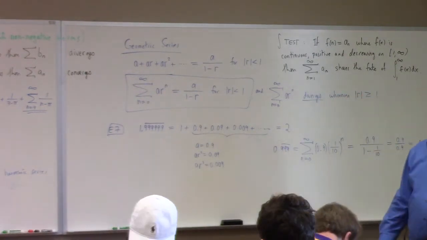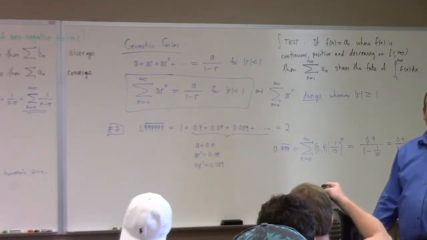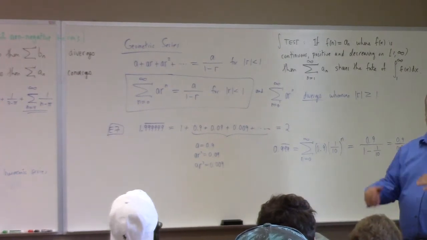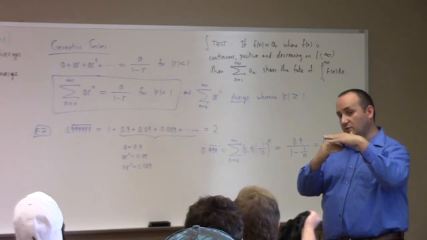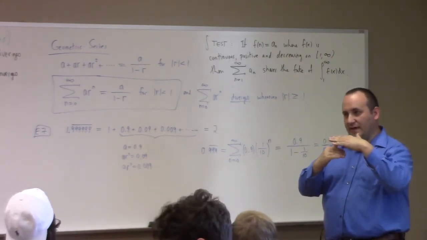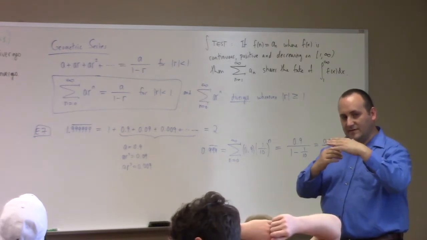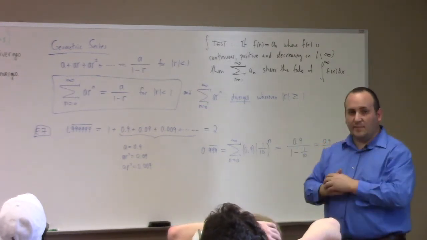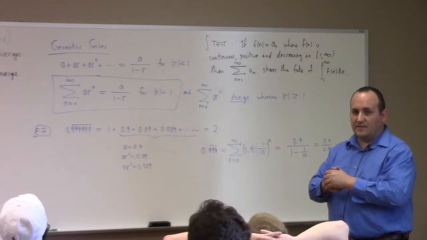There's a test we can do on a given series to decide whether or not it's geometric. It's only geometric if you can take the ratio of any two successive terms in the series, and that ratio is a constant, which we call R. If it's not, then it's not geometric.